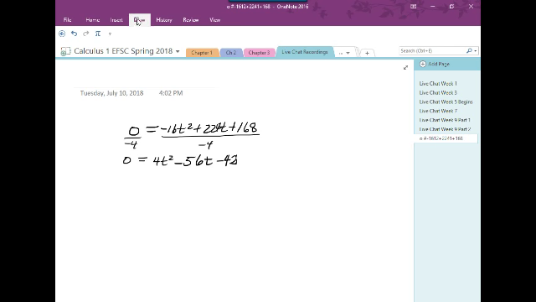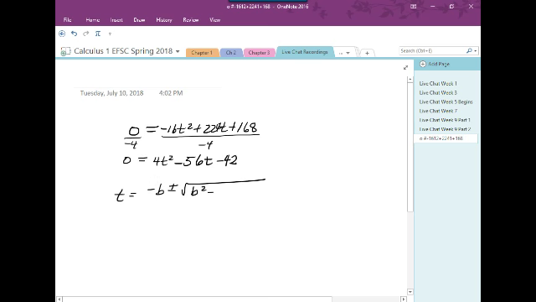All right, so remember the quadratic formula is going to be negative b plus or minus the square root of b squared minus 4ac all over 2a.